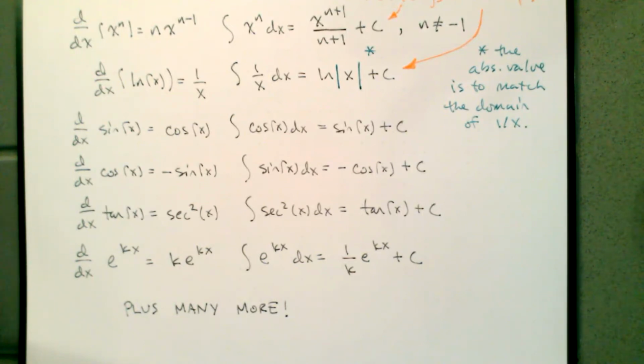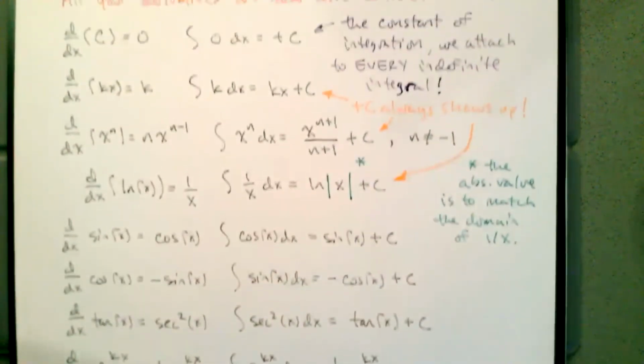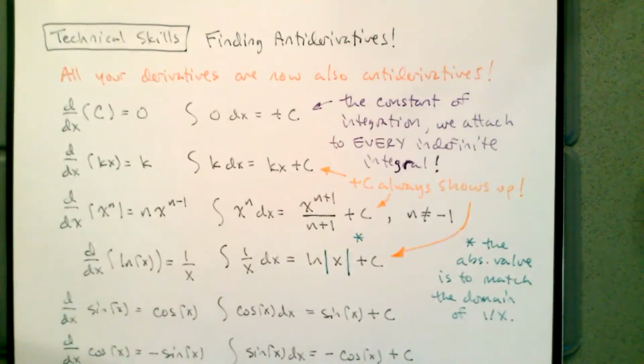All right, so the skill that we need to build is finding antiderivatives of functions or indefinite integrals. So when we say finding antiderivatives, we might also say finding indefinite integrals.